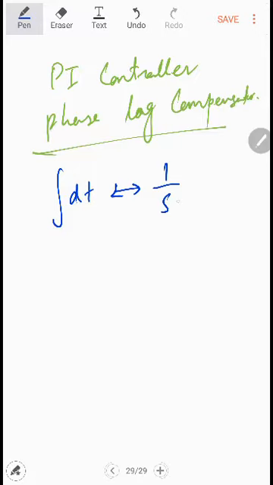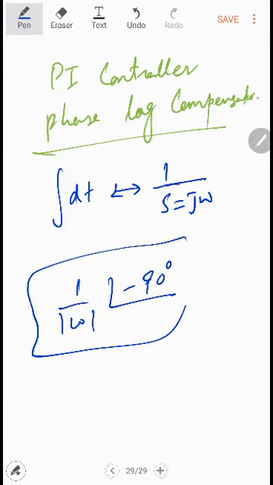So s is equal to j omega, and in polar form the angle becomes minus 90 degrees. If it is minus 90, then it lags behind the reference signal by 90 degrees. In this case, I lag behind the reference signal by some angle. That is why it is called the phase lag compensator, or the PI compensator.